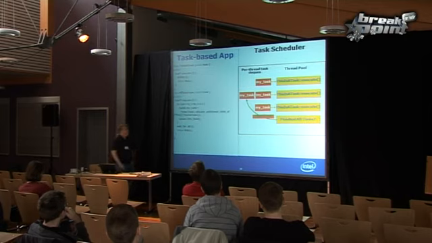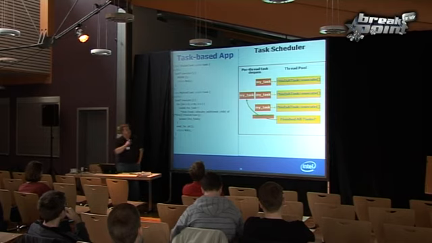Now, this is how you deal with load balancing. It's called task stealing. Task stealing is when one thread runs out, its queue runs empty. It says, well, wait a minute. I'm going to go grab a task from one of the other queues and start working on it.